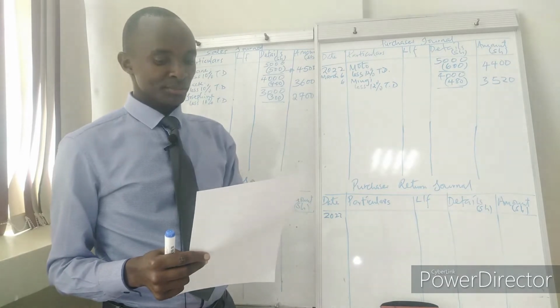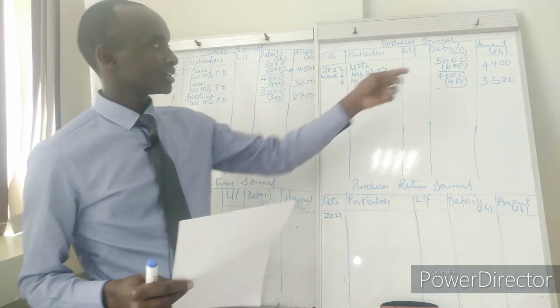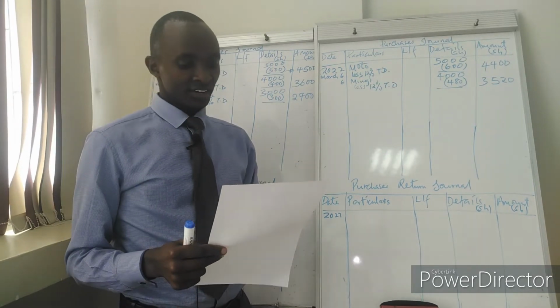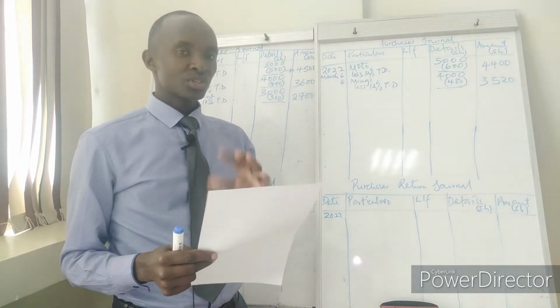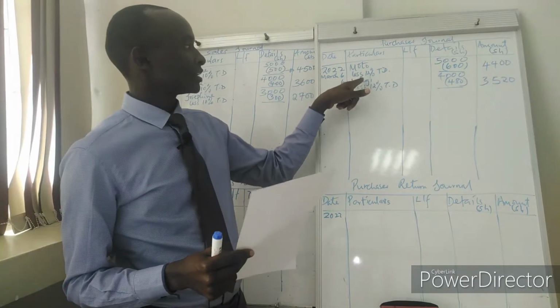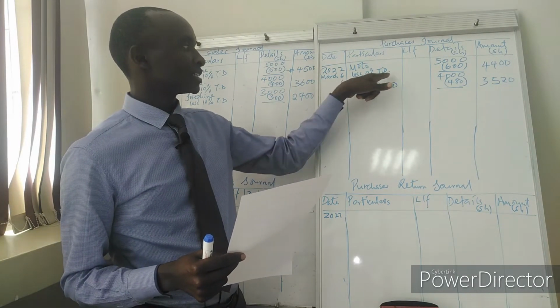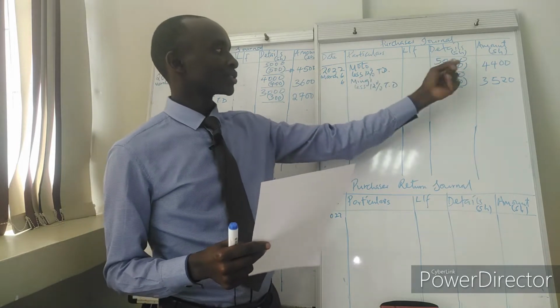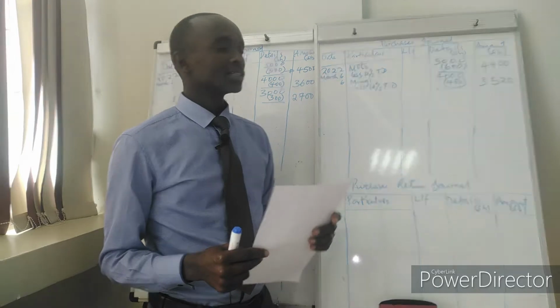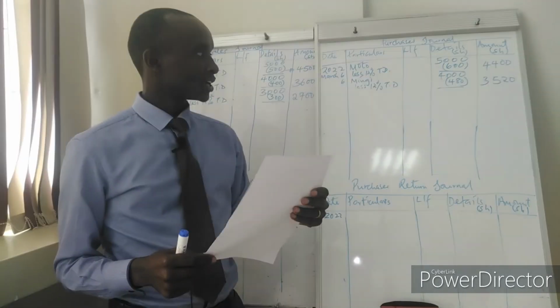So before you determine where to write the 5,000 shillings, you must ask yourself, is there a trade discount that maybe was allowed to Mike Mickey? So there was. The discount was 12% trade discount. 12% of 5,000 was 600, right? So 5,000 minus 600 is equivalent to 4,400.